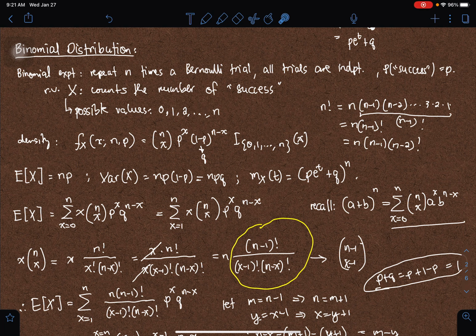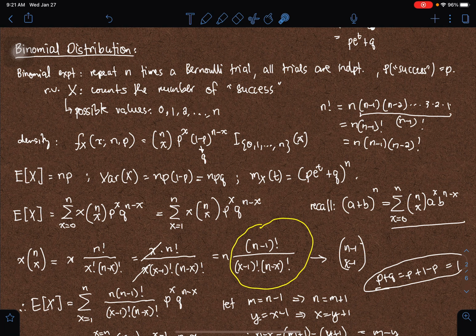Thus, the possible values of a binomial random variable x are 0, 1, 2, up to the number n, where n is the number of times that we repeat a Bernoulli trial independently. The density of the binomial distribution is given by f sub x, which is a function of x and two parameters n and p. p here is the probability of success in every Bernoulli trial, and n is the number of times that we repeat the Bernoulli trial.